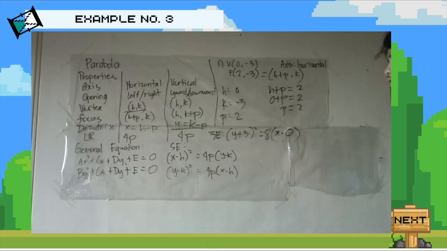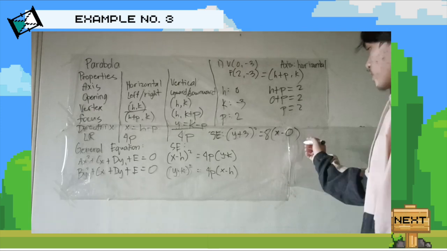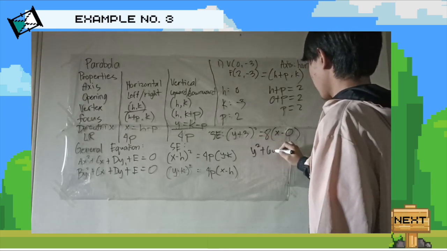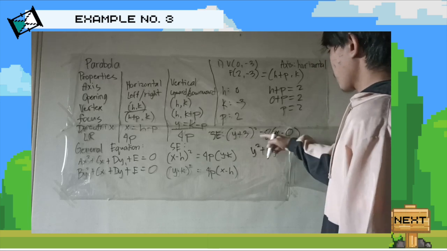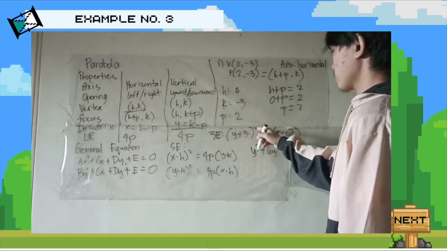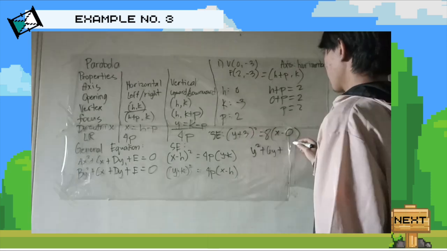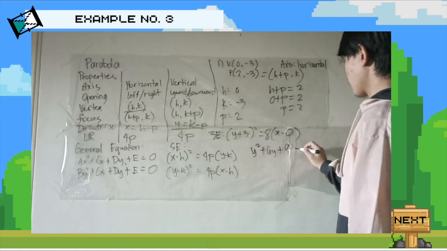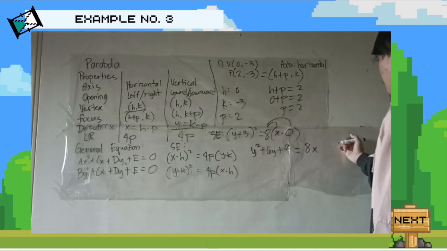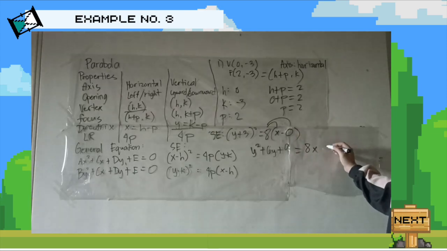Now that you have the standard equation, you can now have the general equation by expanding them. So y squared plus 6y. We just have to multiply 3 to the 2. 3 times 2 is 6 times y, that is 6y, plus 3 squared. 3 squared is 9, is equal to 8x. You just have to distribute them. 8x, and 8 times 0 is 0.